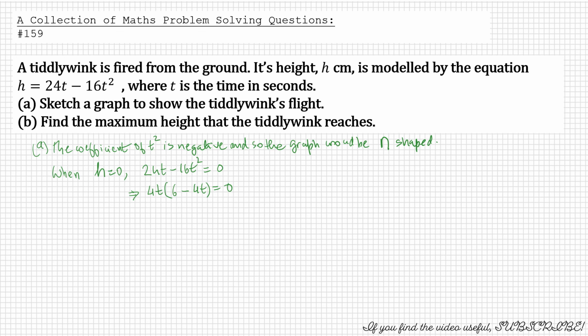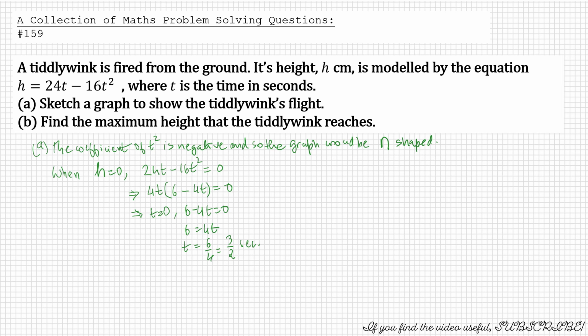That implies two solutions. So t equals 0, or 3 minus 2t equals 0, or 3 equals 2t, meaning t equals 3 out of 2. Of course that is seconds. So t is 3 out of 2.